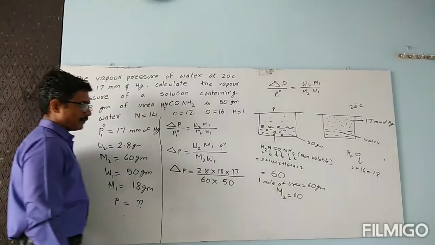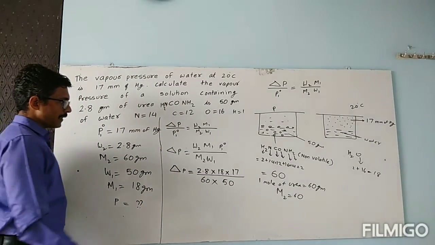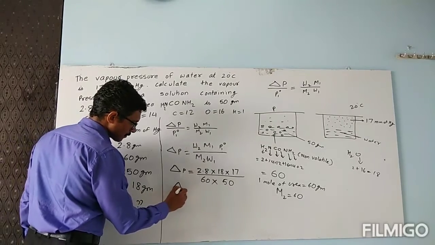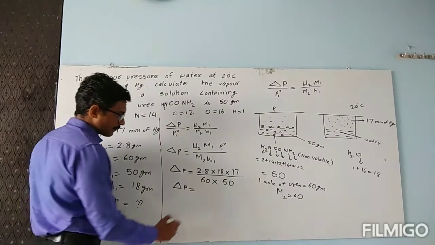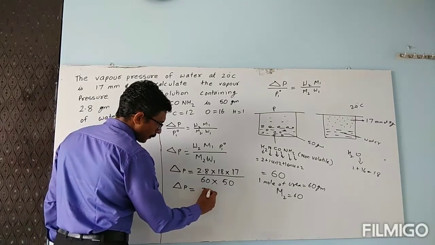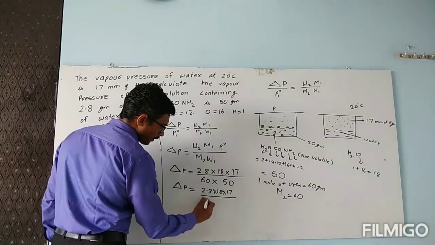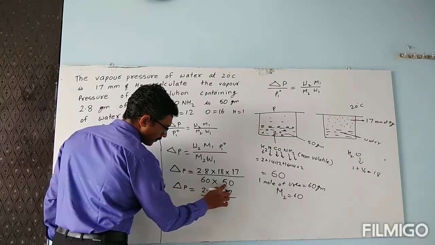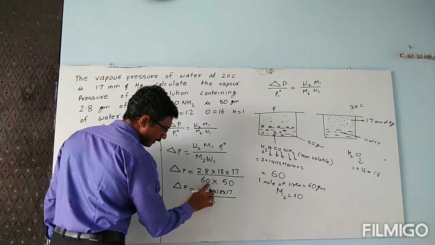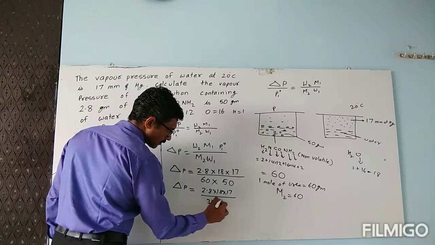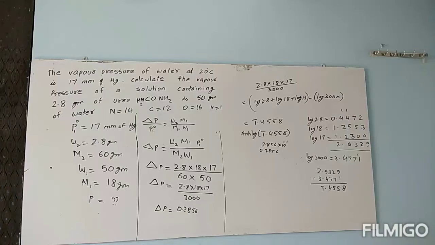All these are the given values. So delta P equals 2.8 into 18 into 17 upon 60 into 50. I will write 6 5s are 30 and these two zeros I am writing. Correct?